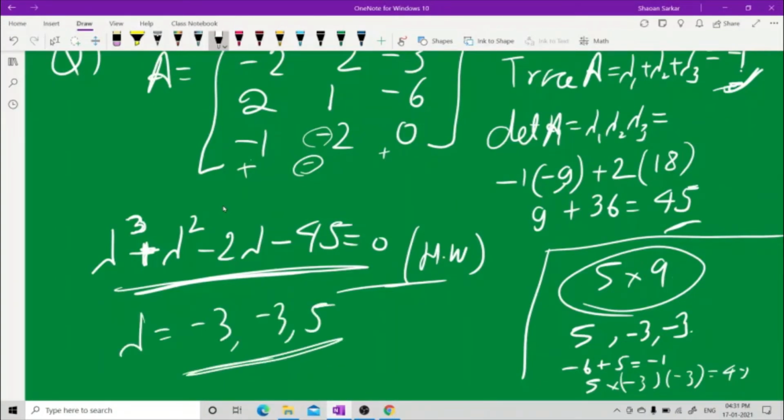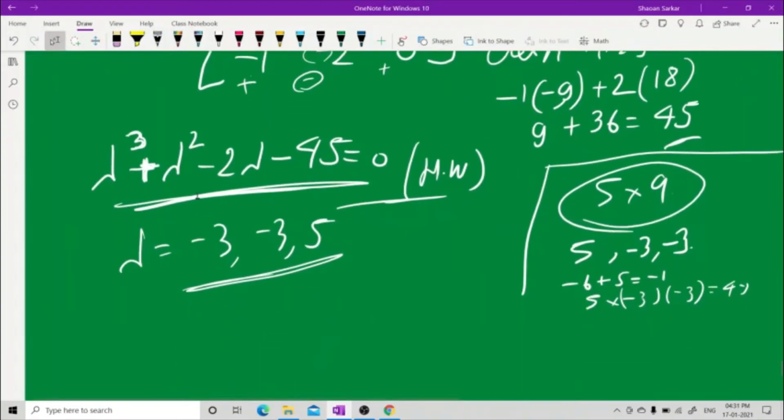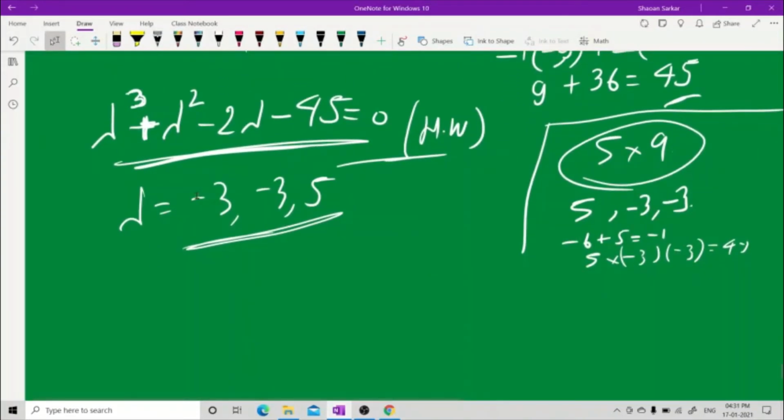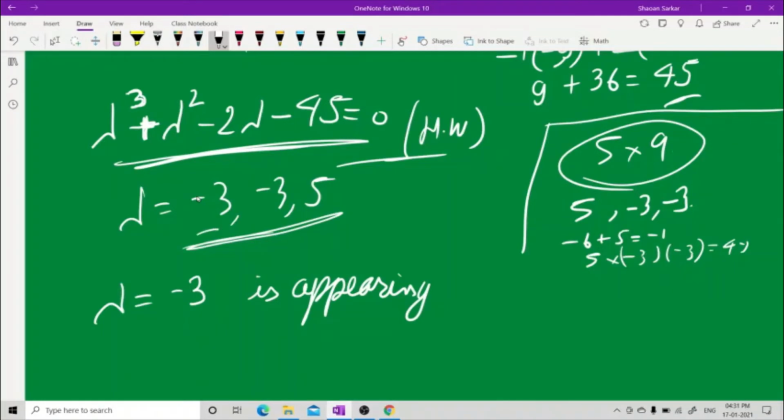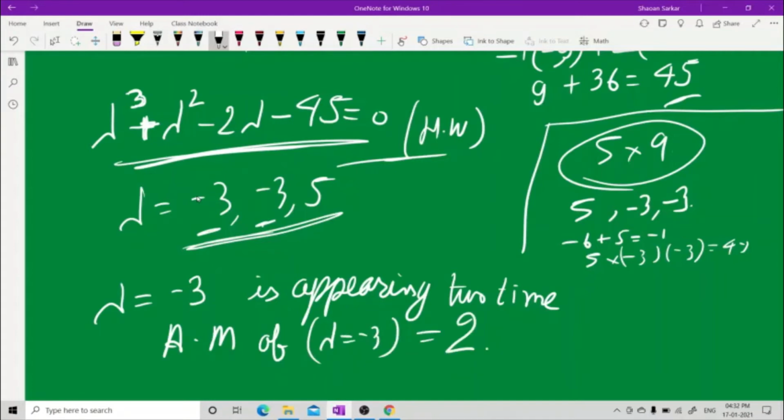My purpose now is to explain to you what is algebraic multiplicity and geometric multiplicity. See here in this example, lambda equal to minus 3 is appearing 2 times. So here the algebraic multiplicity of lambda equal to minus 3 is 2.